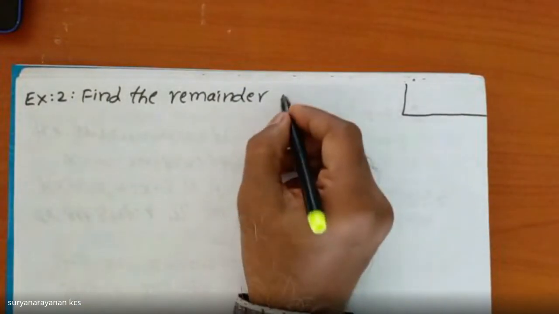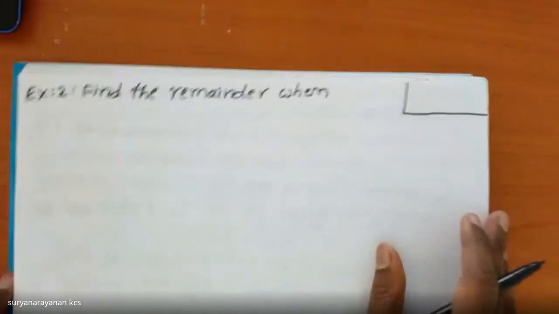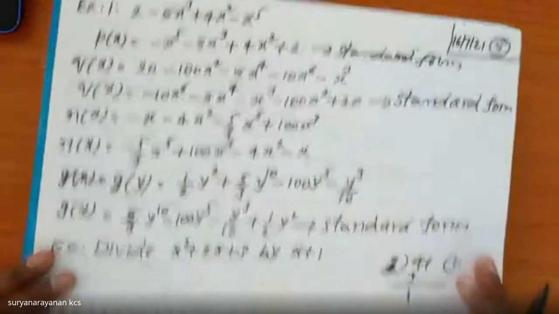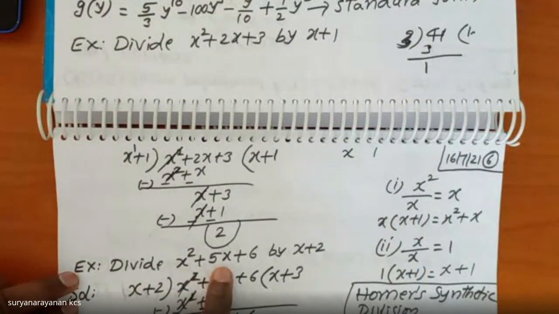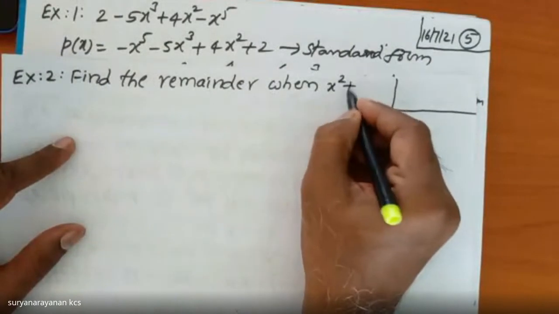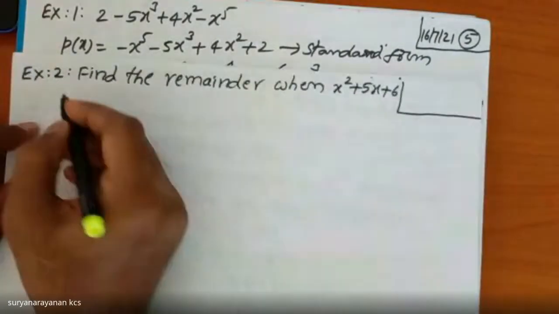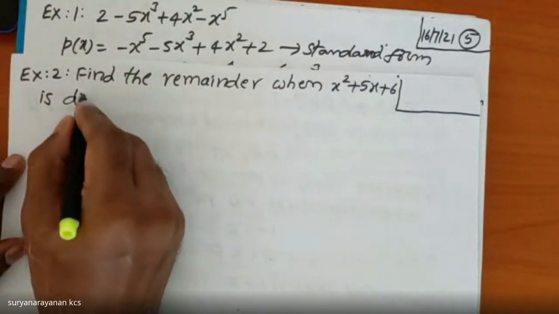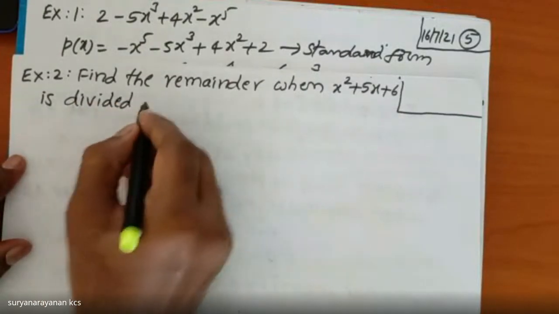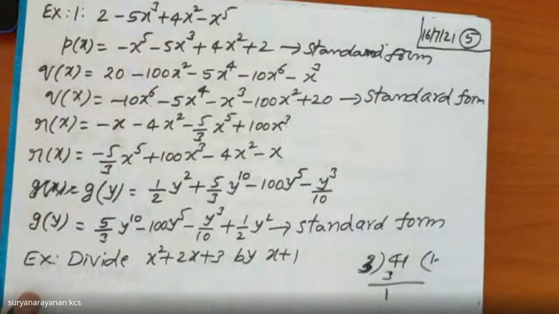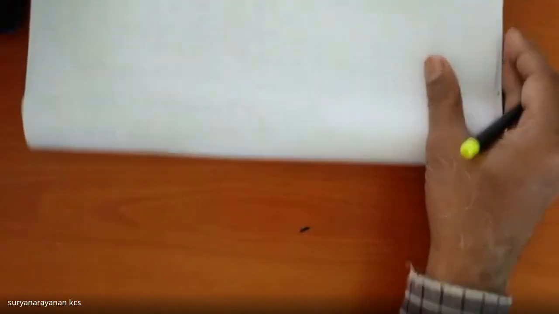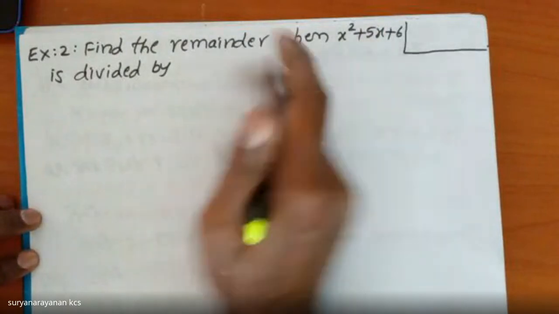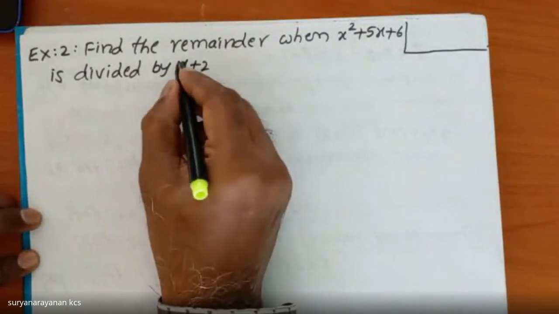Find the remainder when x square plus 5x plus 6 is divided by x plus 2. What is the divisor here? x plus 2. Okay, we are dividing this polynomial by x plus 2, a linear polynomial.